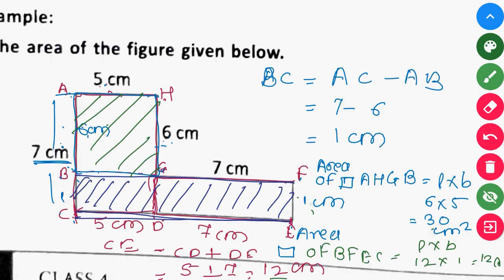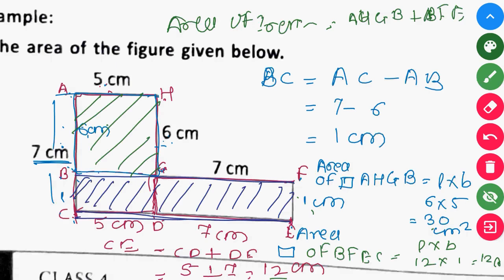Now the area of the whole figure, the area of the irregular shape, is the area of AHGB plus the area of BFEC. AHGB's area is 30, BFEC's area is 12, so together it is 42 centimeter square.